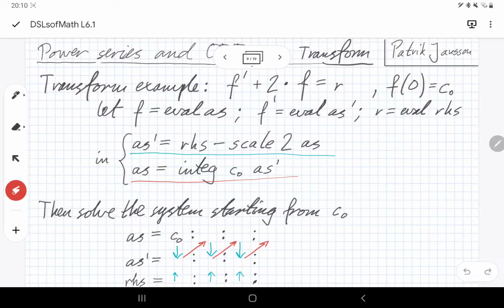Notice, by the way, that I haven't applied these to x, so this is a function plus 2 times a function equals a function.